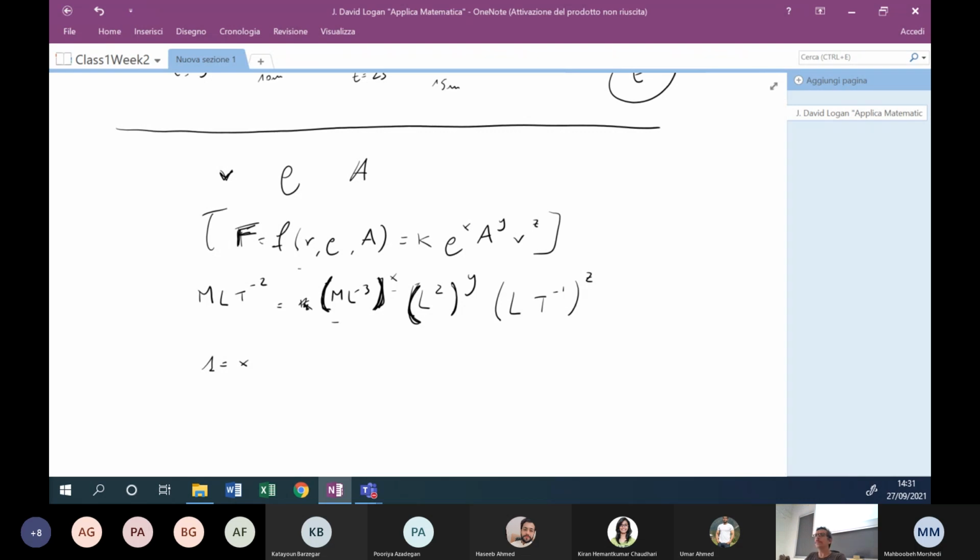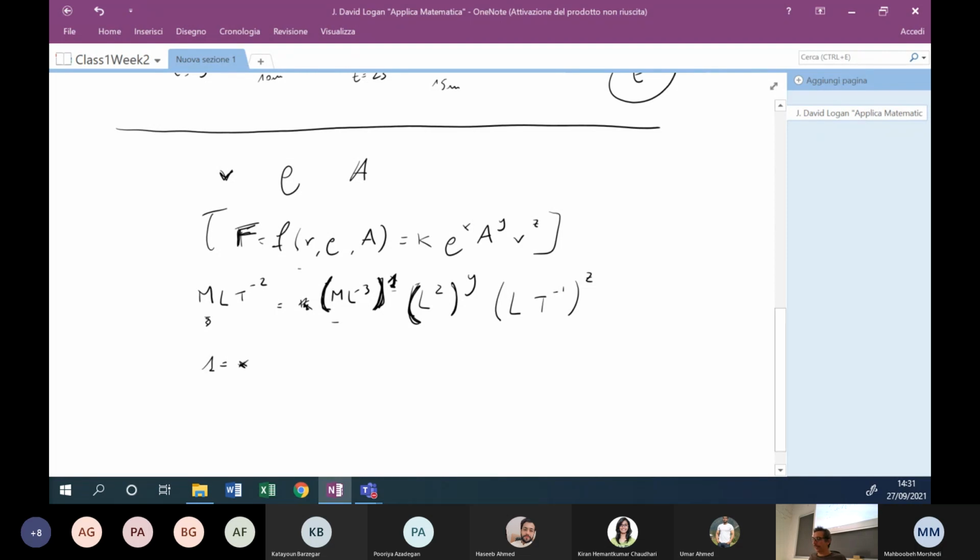Okay? Why x equal to 1? Because on the left-hand side, I have mass power 1. Okay, so x must be equal to 1. Let me already put here x equal to 1.